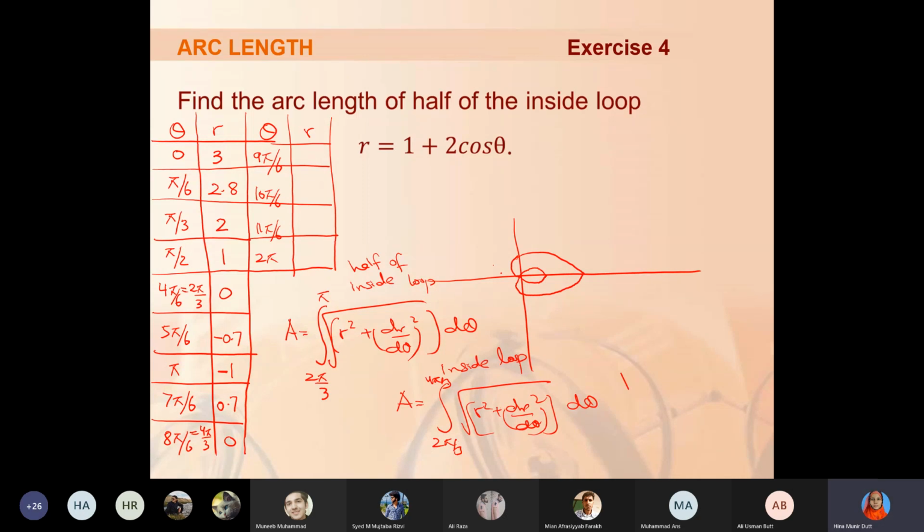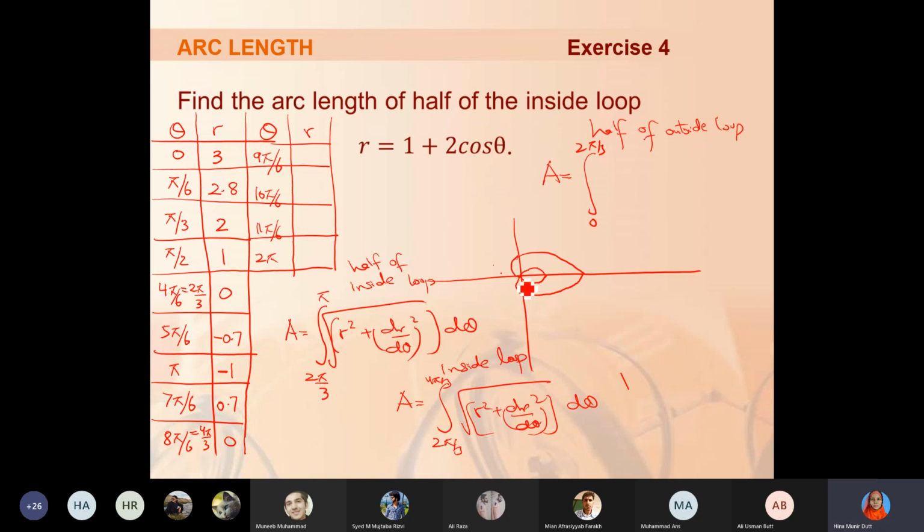And what about if I'm supposed to find the half of the outside loop, what would be the limits when I have to find the half of the outside loop? 0 से 2pi by 3. 0 to 2pi over 3.